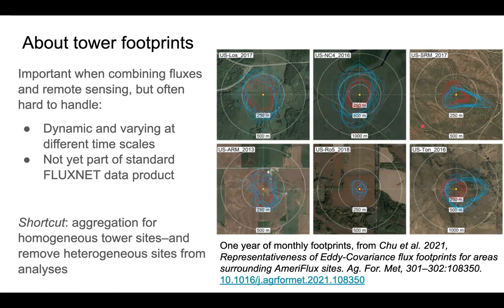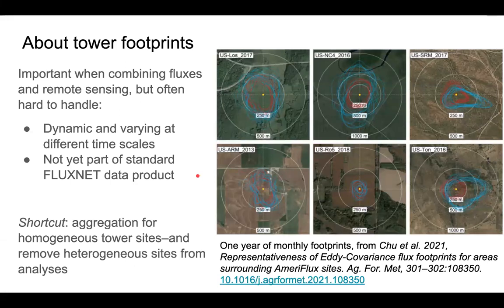They also have trends on which areas around the tower are being sampled. So the coordinate that you get for the tower is always the center of the tower, but keep in mind that you are actually potentially looking at the area around the tower, not exactly that single point.